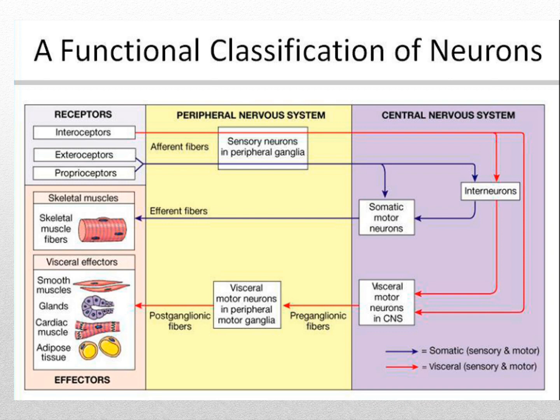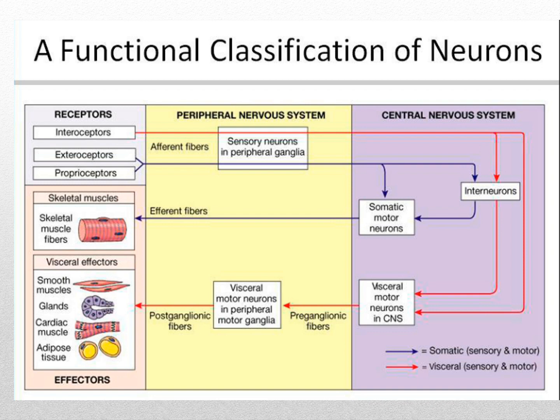And we don't break it up into the parasympathetic and the sympathetic nervous system, but you know that this is here, okay? And these effectors are smooth muscle, glands, cardiac muscle, and adipose tissues, because this is an involuntary or autonomic nervous system.